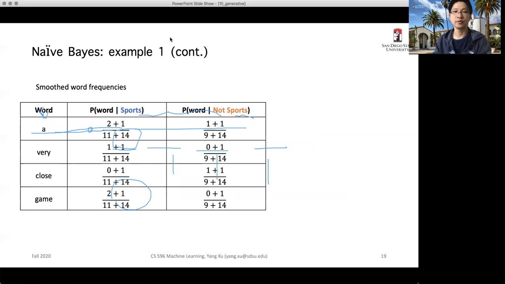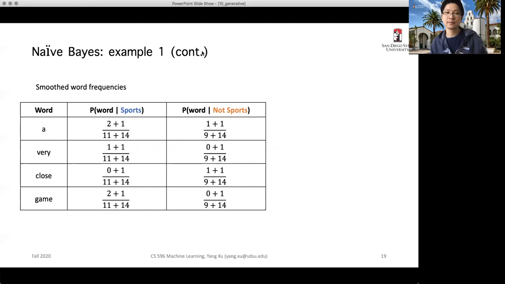The easiest way is to use the smoothed word frequencies. I listed these numbers here. For example, the article word "a" has appeared twice in the sports category. So the probability of "a" given S is estimated by 2 over 11 plus 14.